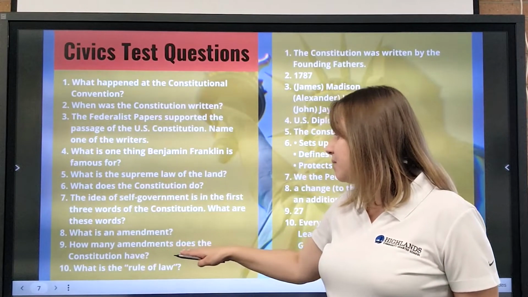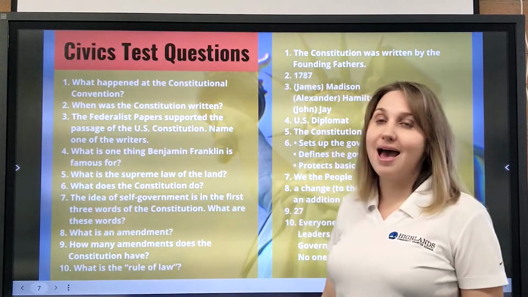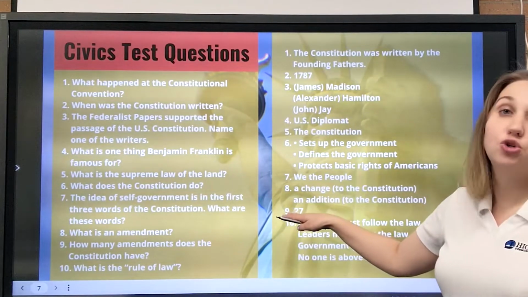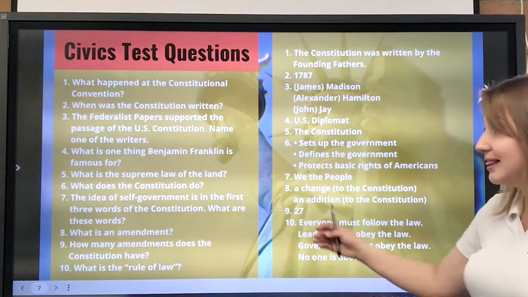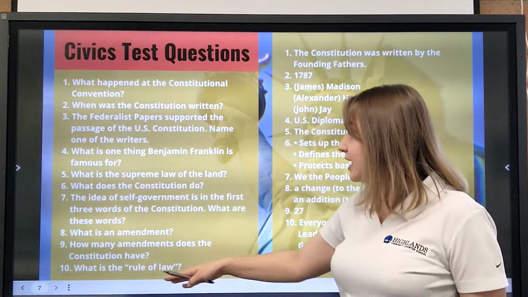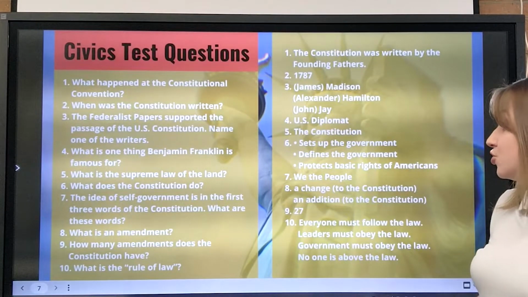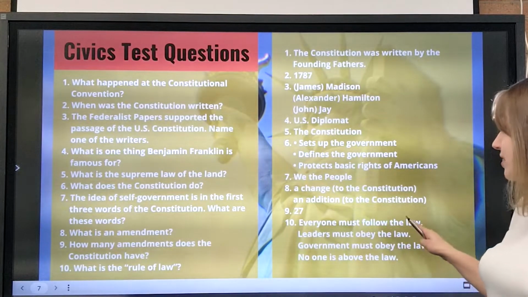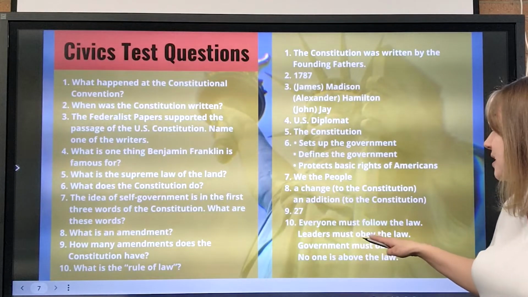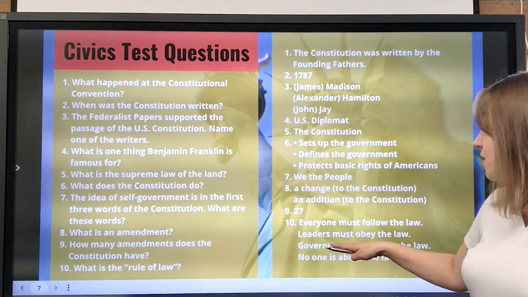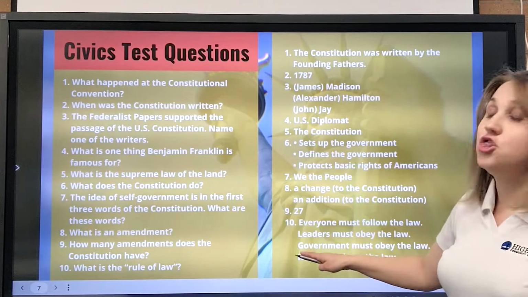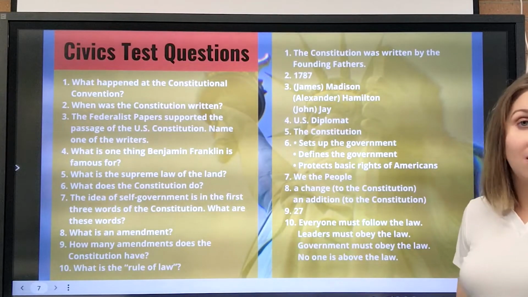How many amendments does the Constitution have? And the answer is 27. And the last one for today, what is the rule of law? And the answer is everyone must follow the law, leaders must obey the law, government must obey the law, and no one is above the law.